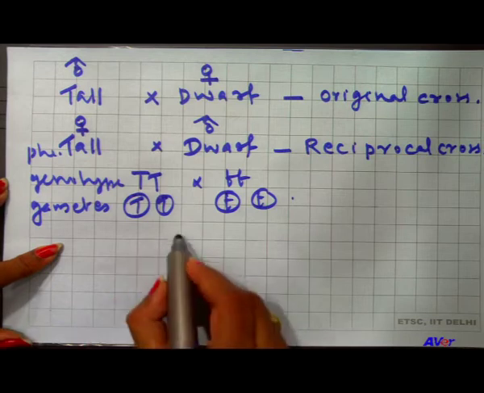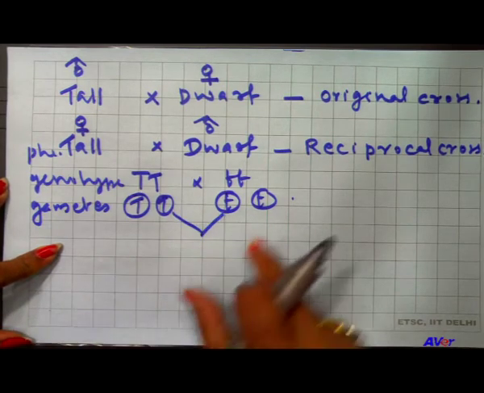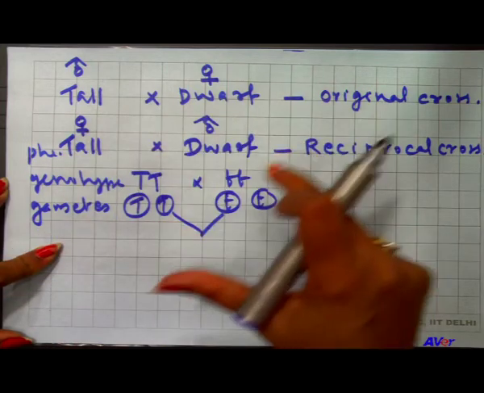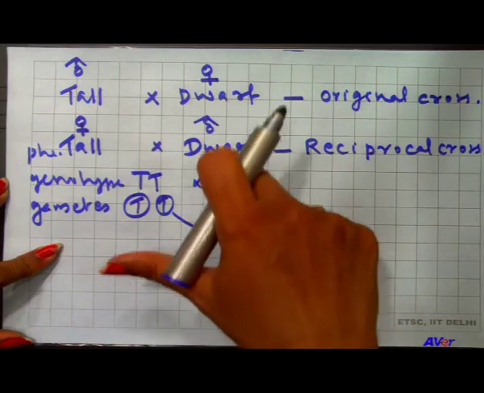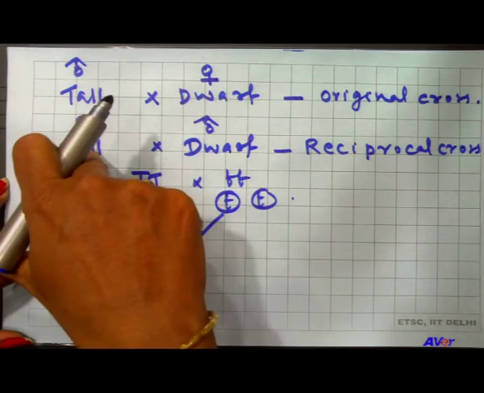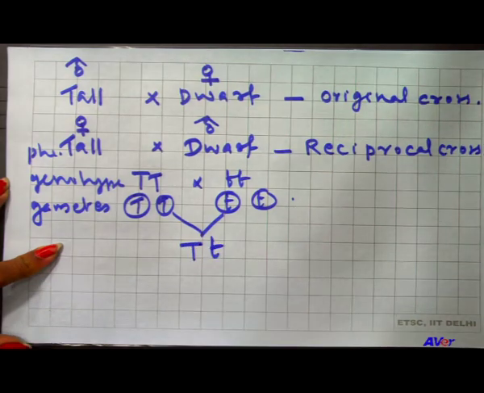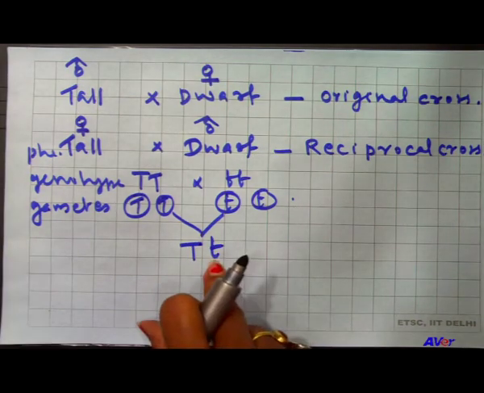Now we can use cross pollination, hybridization: collect the pollen grains from this dwarf male plant and dust them on the stigma of the tall female plant. The result will be capital T, small t, same as that of the original cross.